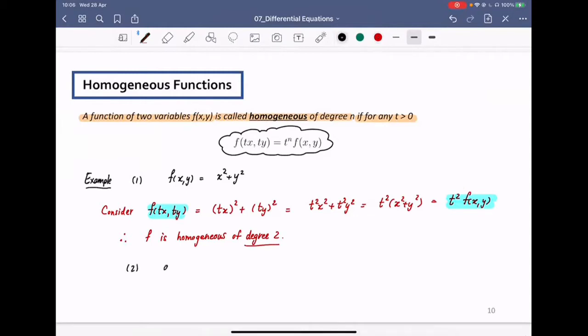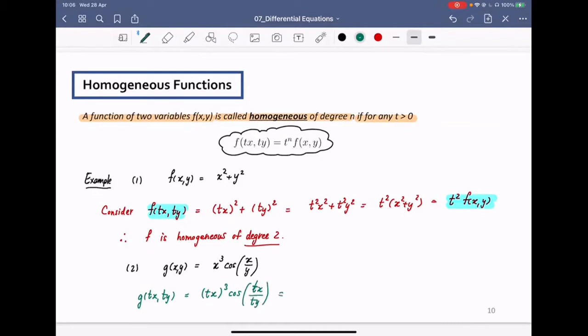Let's do another one. Number 2, let's suppose I have a function g(x, y), let's say x cubed times cosine of x over y, for example. When you simplify, you have g(tx, ty), and you replace by (tx) cubed times cosine of tx over ty.